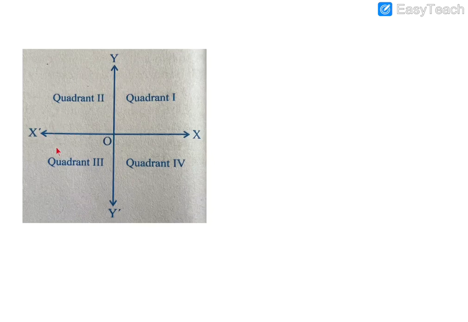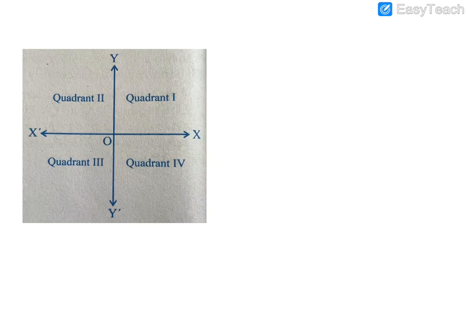And we continue going in the counterclockwise direction. So we get the third quadrant between OX dash and OY dash. So that's our third quadrant. And we will have the next quadrant, which is the fourth quadrant, which lies between OY dash and OX. So the entire plane is divided into four quadrants called quadrant 1 or first quadrant, quadrant 2, quadrant 3, and quadrant 4.